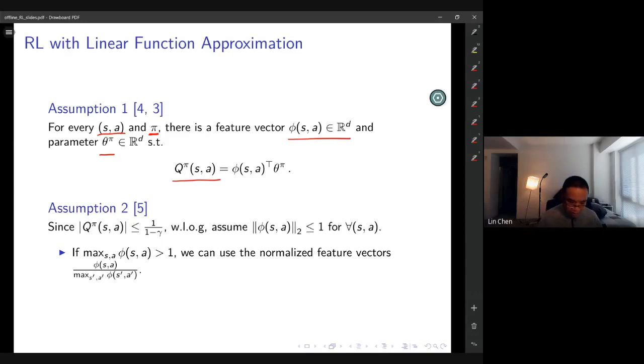And since the Q value of S and A is upper bounded by 1 over 1 minus gamma, without loss of generality, we can assume that the norm of the feature vector is upper bounded by 1 for all state action pairs.